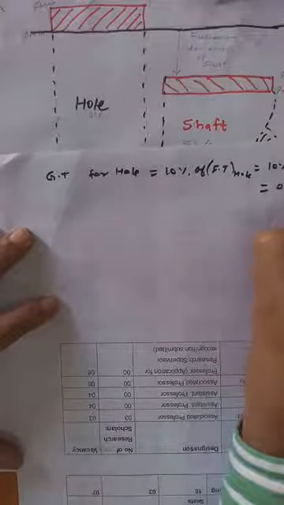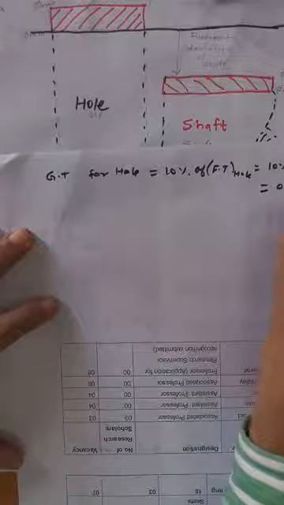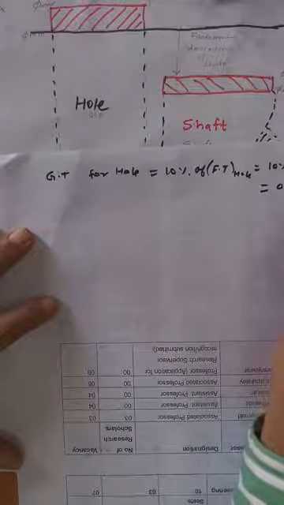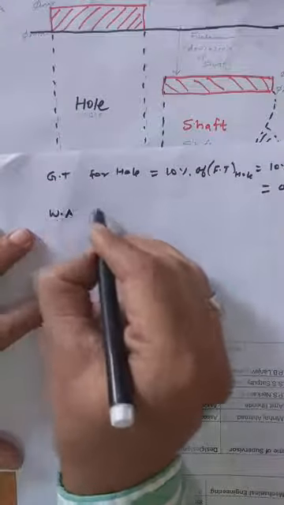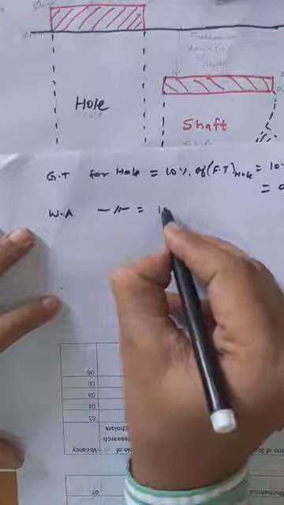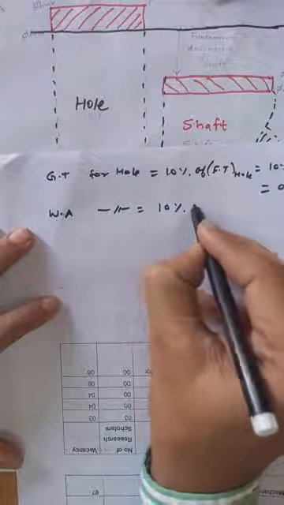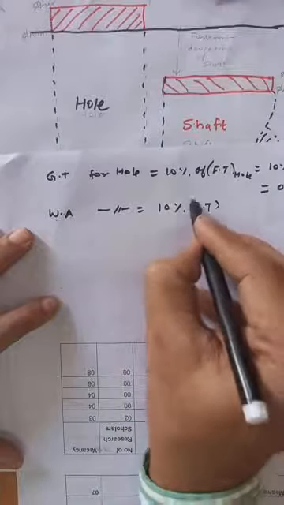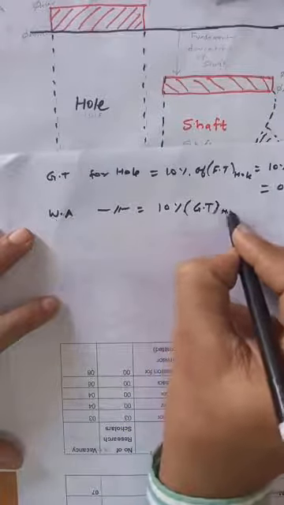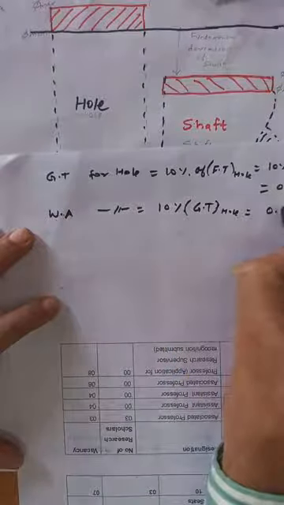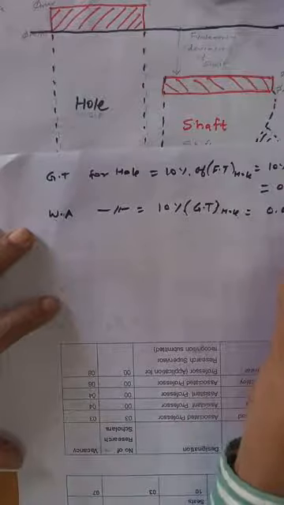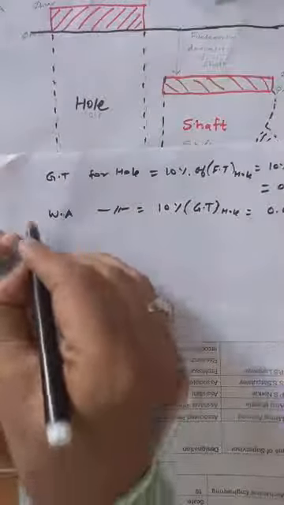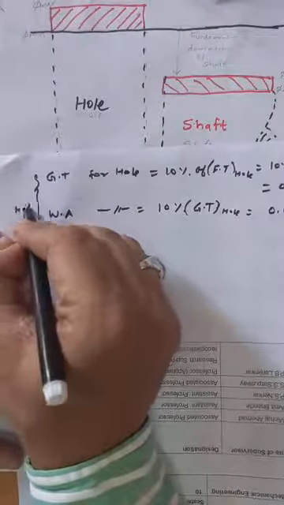So it is 0.00209, we will take it as 0.0021 mm. Okay, then the wear allowance for hole is 10% of this gauge tolerance for hole, and that comes to be 0.0002 mm. Similarly, this is for hole.